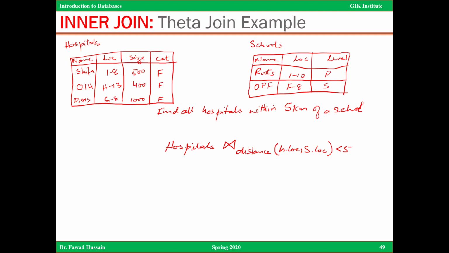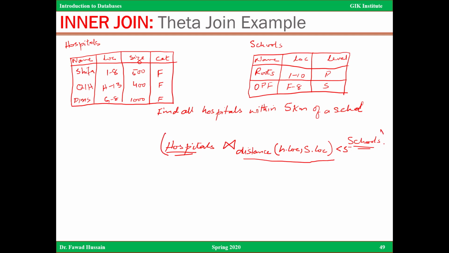So hospitals join operation, this is the condition, and join with what? Join with schools. So these are the two tables. This is the first table, this is the second table, and this is the join condition. So once I have this, maybe I want to find all hospitals, I just want the name of that hospital.